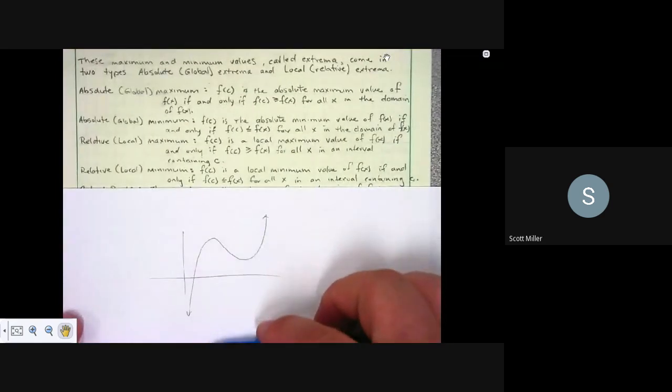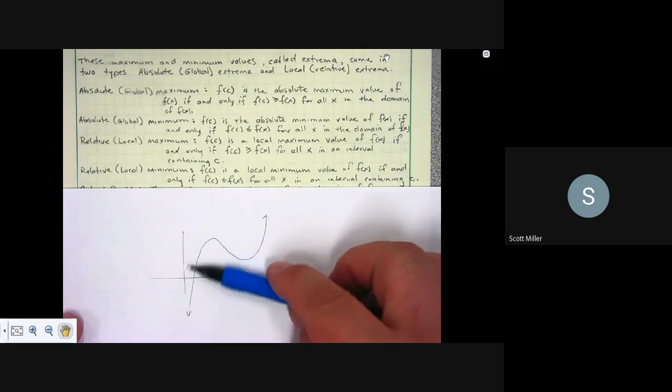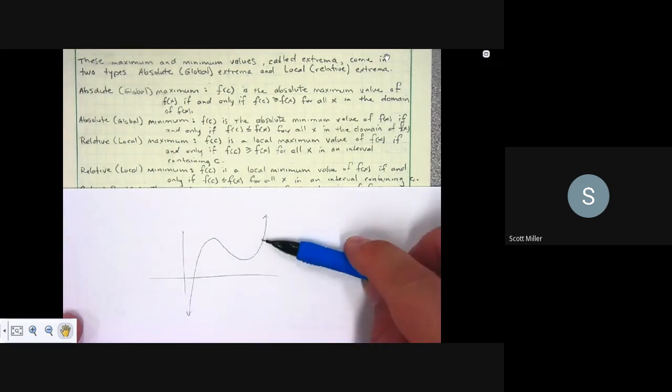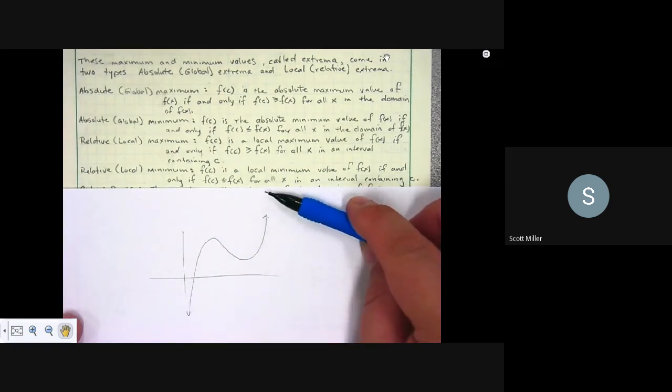If you think about polynomials as our example, if I have a polynomial like that, and it goes on forever and ever in both directions, you can see that there is no bottom to this. There's no way down here that's ever going to stop. It goes down forever and ever. So there is no absolute minimum. Same thing with this direction, going up forever and ever. There is no highest value you can come to, so there is no absolute maximum.